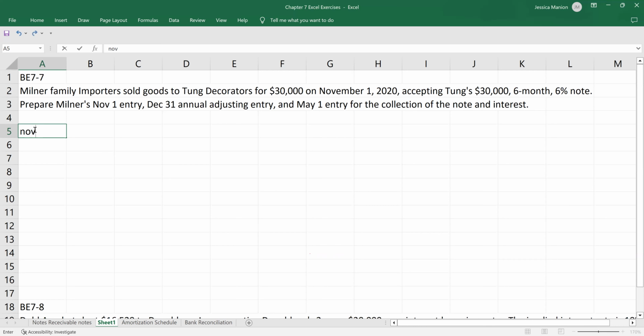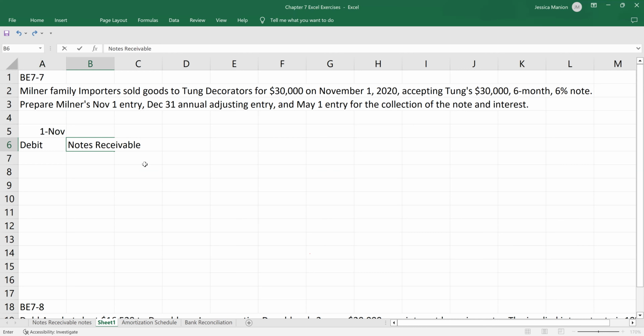So on this one, November 1, we need to record the note. We accept a $30,000 note in which we sold goods to a customer. So we would debit notes receivable. And again, this is a 6-month note, so we do not need to calculate the present value.